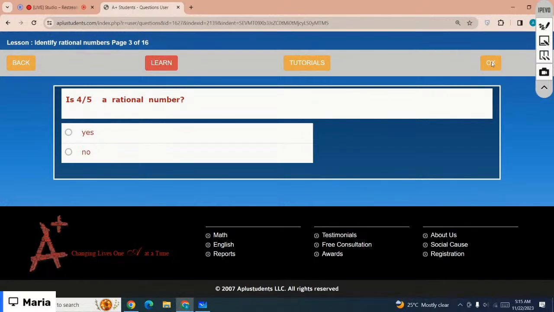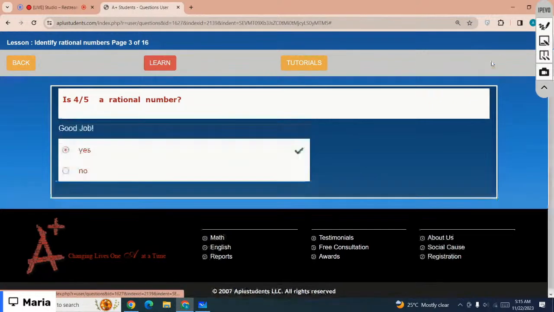Is 4 by 5 a rational number? Yes, it is a rational number because this is already written in fractional form, so the correct option is yes, it is a rational number.